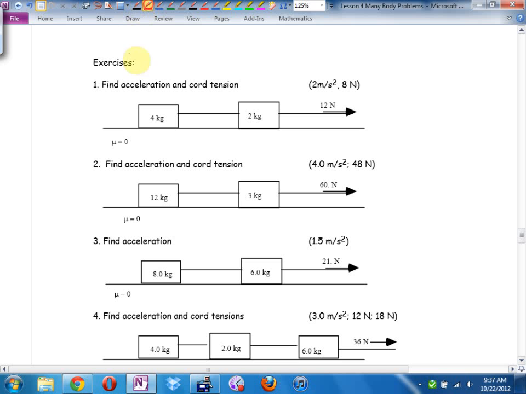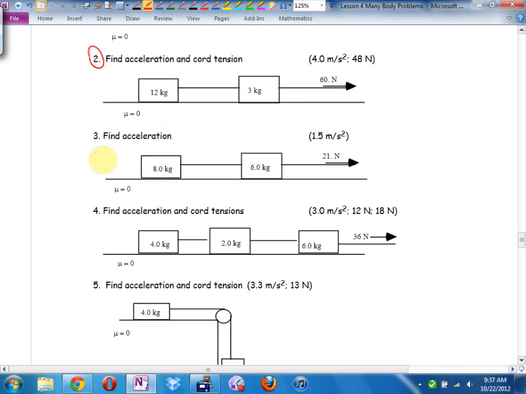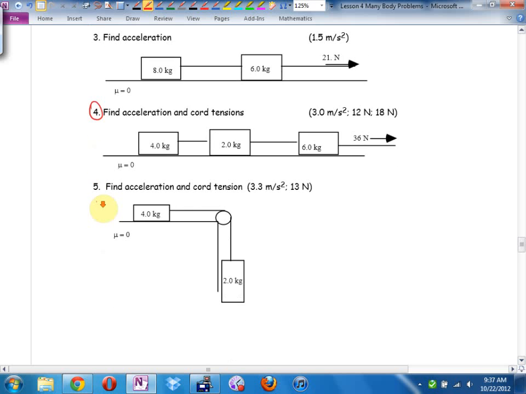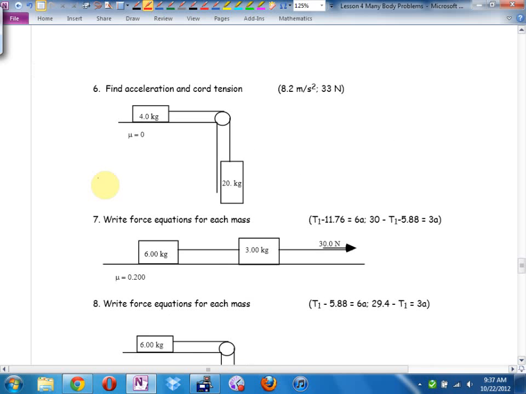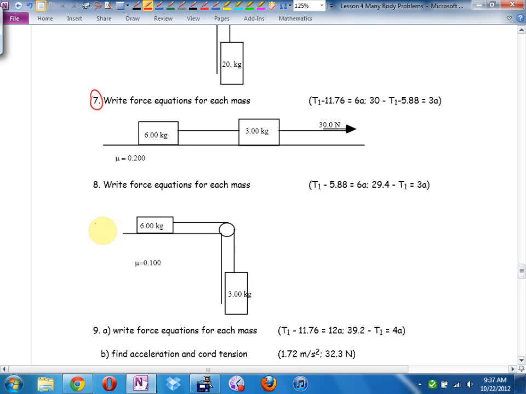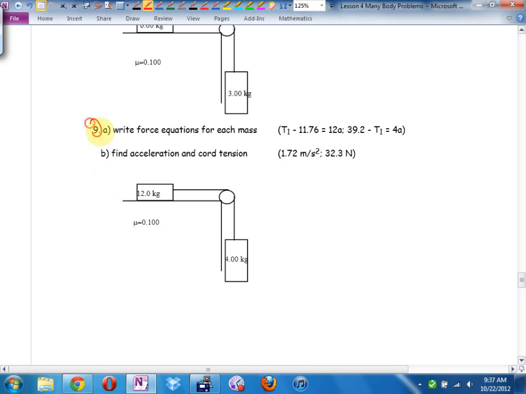Let's say number 2. Four. 5. Let's get something with some friction in here. Here we go. 7, 8, 9.